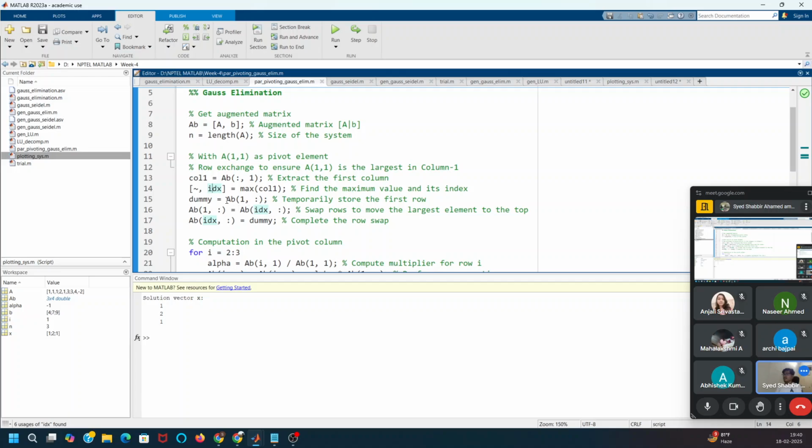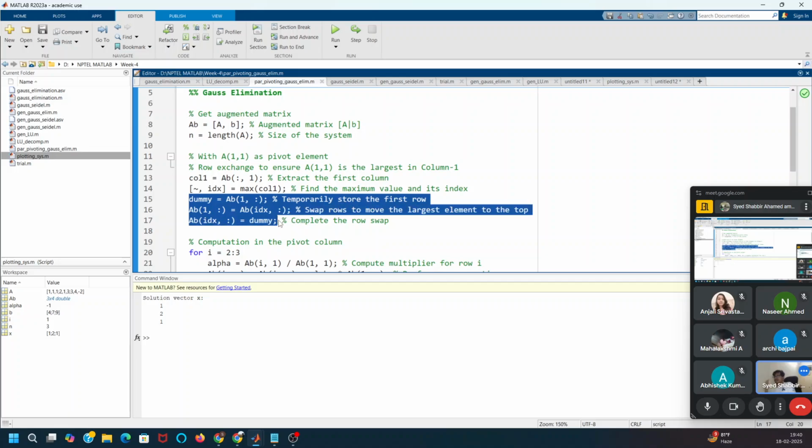If I get index 2, it means that in the second row, in column 1, I have the maximum element value. So I'll exchange the second row with the first row, using this index for swapping of rows.